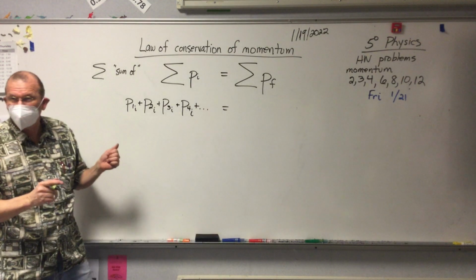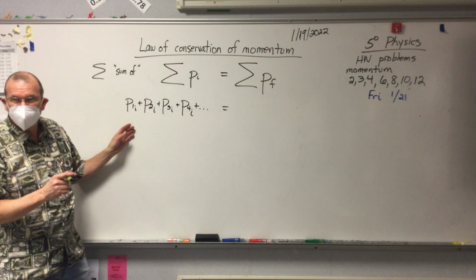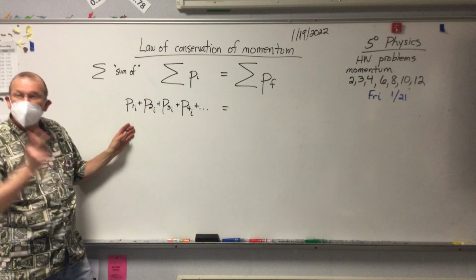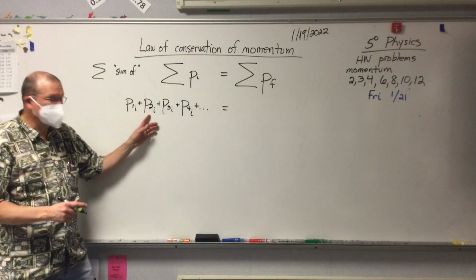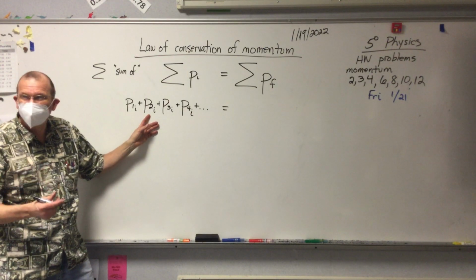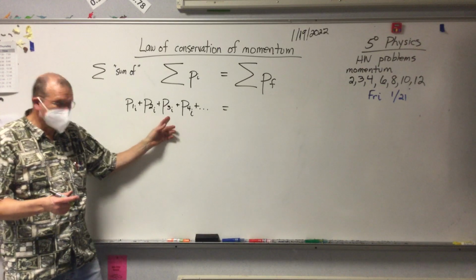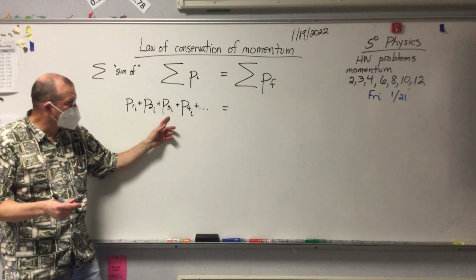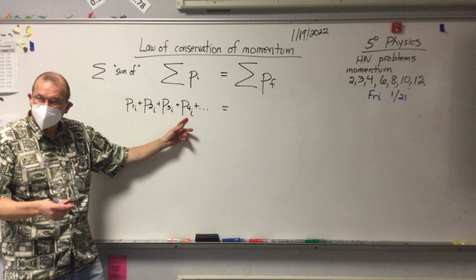Momentum. I was going to say the initial momentum of object number 1. Perfect. What's P2I then? The initial momentum of object number 2. P3I? Initial momentum of object number 3. Initial momentum of object number 4.